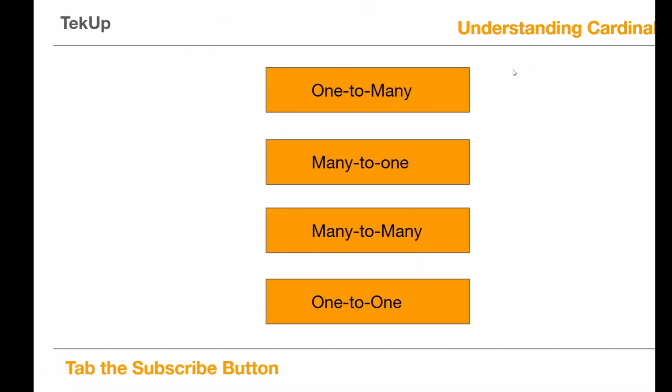What is cardinality in Power BI? We talked about relationships, and we mentioned that a relationship is all about connecting two or more tables together using a unique column or a unique identifier that exists between each of the tables.